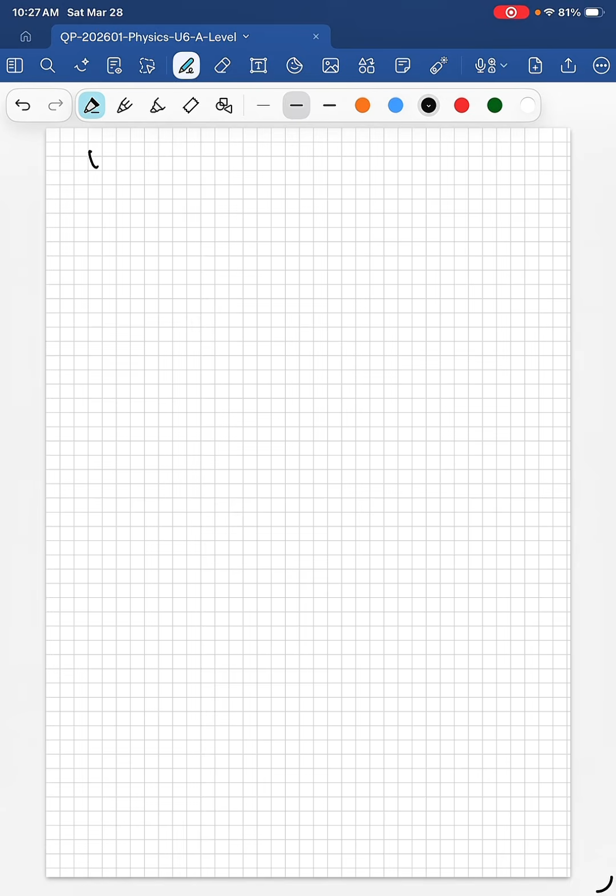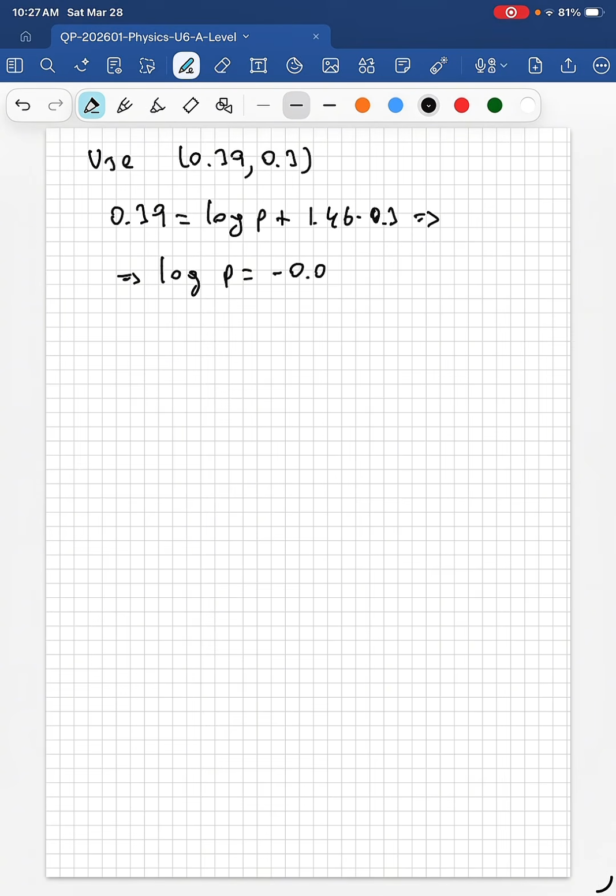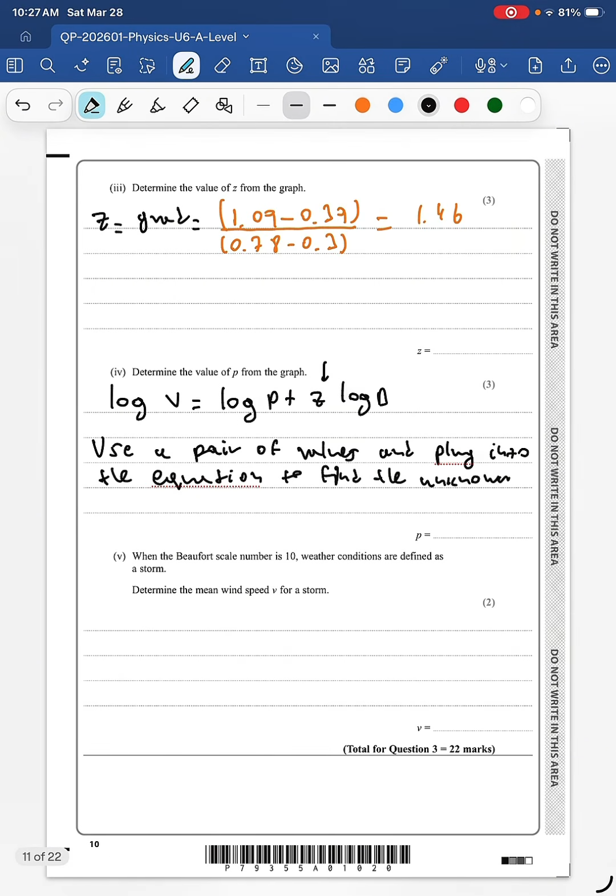For example, if we use the pair 0.39 and 0.3, and plug into the equation, we have 0.39 equals log p plus 1.46 times 0.3. Which means that log of p is minus 0.048, which means that p is 10 to the minus 0.048, which yields 0.9. I hope this makes sense.